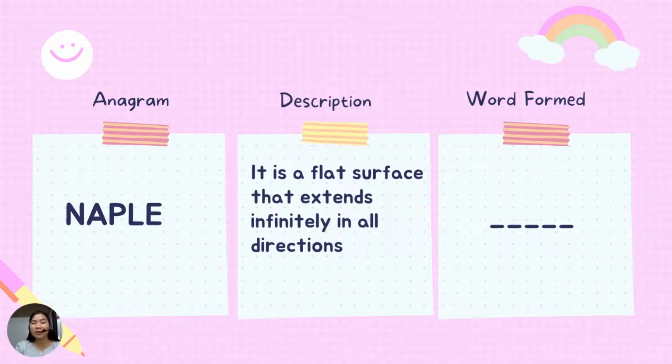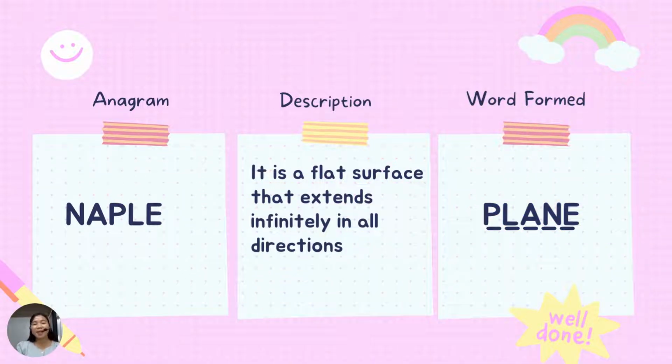Now let's go to another. The letters are N, A, P, L, E, and the description is: it is a flat surface that extends infinitely in all directions. What word can be formed? The word that can be formed is, ta-da, a plane. Well done, students.